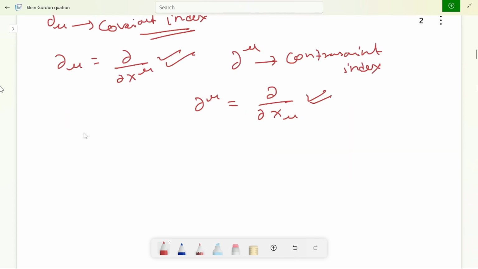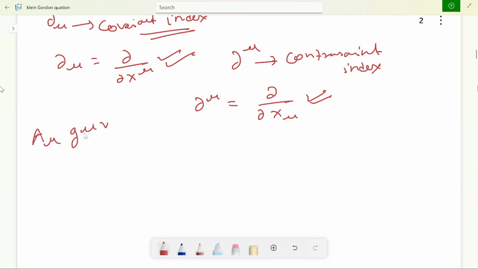So before we start writing down the Klein-Gordon Lagrangian density, you should be familiar with one more thing, that the metric tensor g mu nu is actually used to raise or lower the indices. So if we have say some rank 1 tensor given by a mu, I should write the covariant index like this.